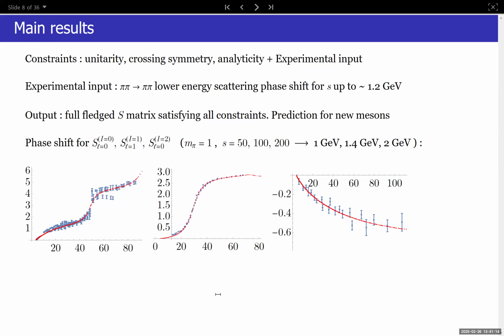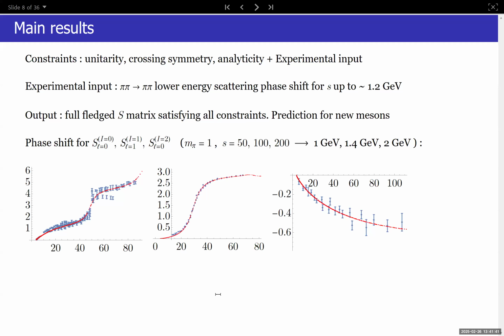So let me give you some example. In these three plots, that's the phase shift for spin 0 isospin 0, spin 1 isospin 1, spin 0 isospin 2. The horizontal axis is the S variable, but the unit is pion mass, m pion equals 1.